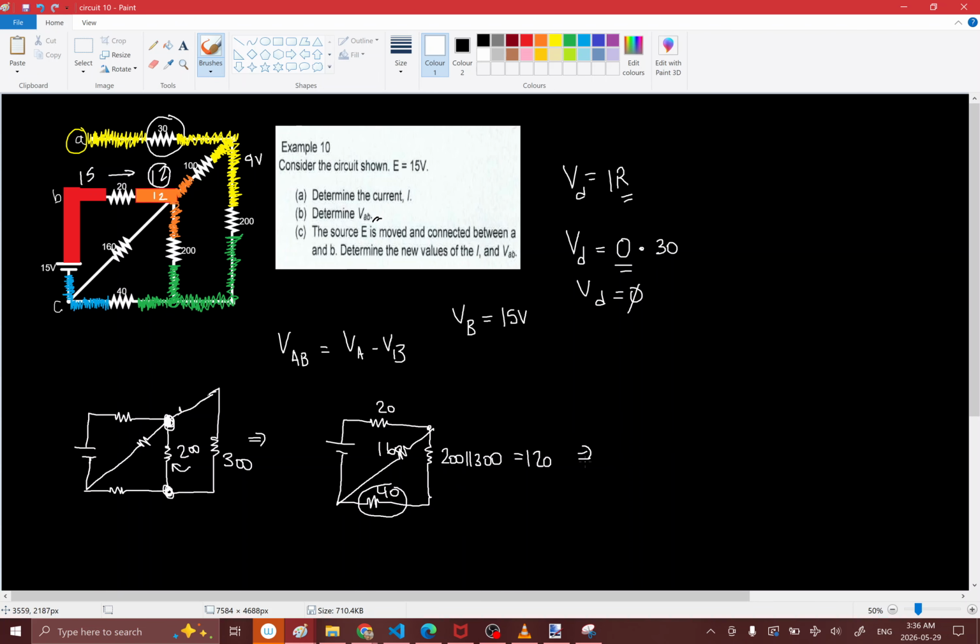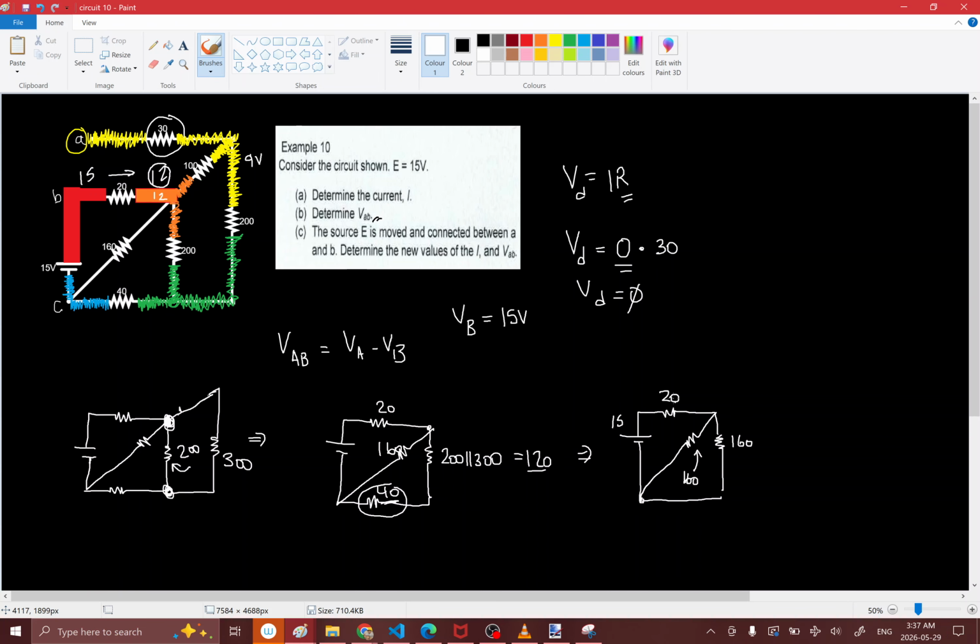So if we redraw this, it's going to look like this. Then like this. Okay, so this one was 120, this is 40, so that's going to become 160. And this one over here is also 160, and this one is 20.